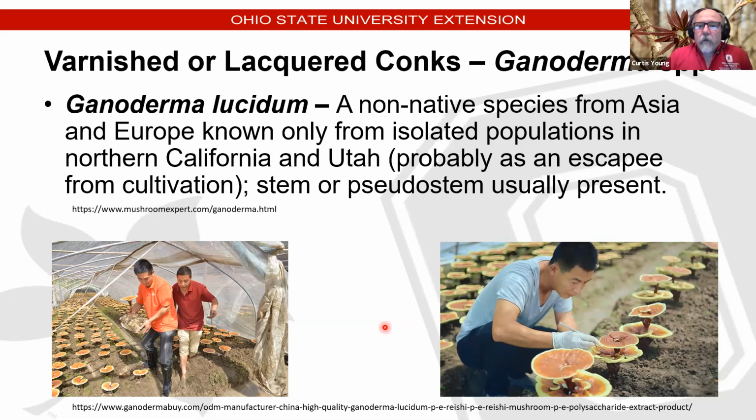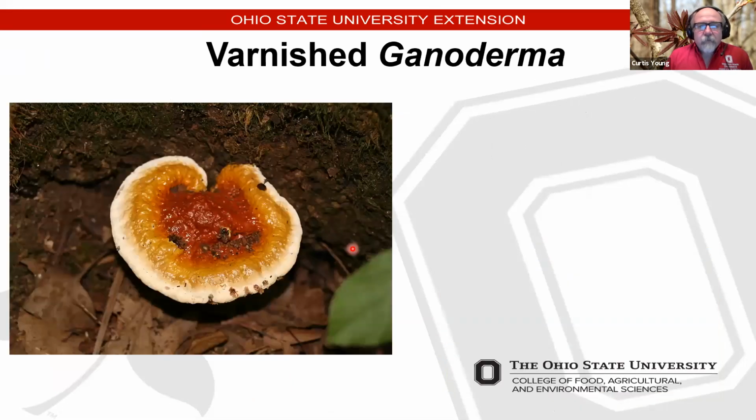We have similar looking Ganoderma fungi here in the United States, but it has been determined that almost none of them are Ganoderma lucidum. So anybody who's looking for folk remedies and goes out to collect that particular varnished polypore to make tea out of, you're not using the right species.